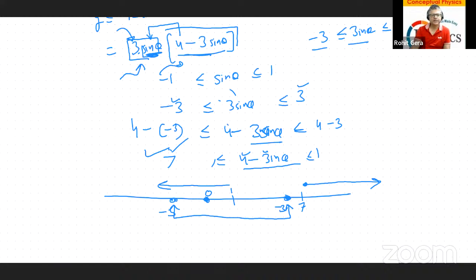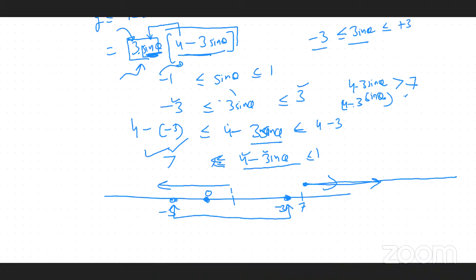What does this mean? 4 minus 3 sine theta is at most 7, and it is also at least 1. इसमें तो ओवरलैप ही नहीं दोनों में.